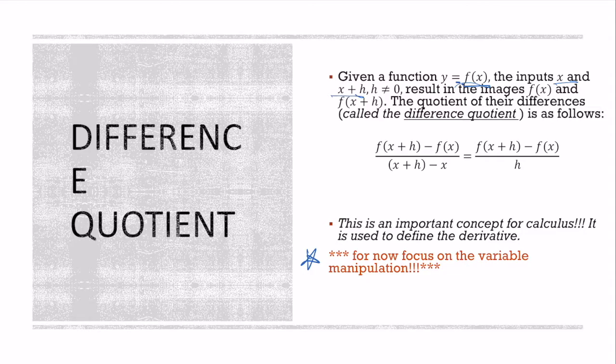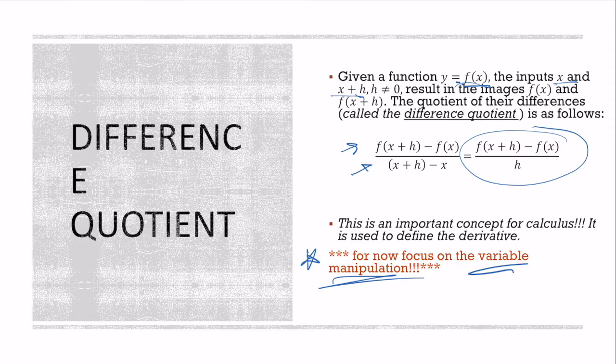The difference quotient, which is the rate of change, would be the change in y over the change in x. So you're going to solve for f of x plus h minus f of x over h, okay? And we use this in calculus to find the limit and the derivative and all those good things. But for now, it's variable manipulation.